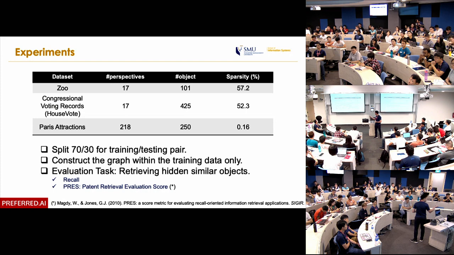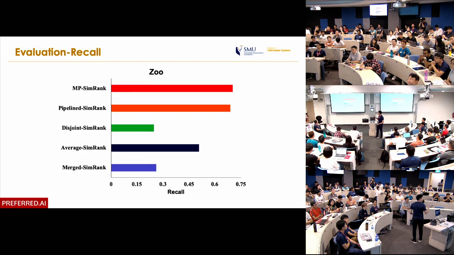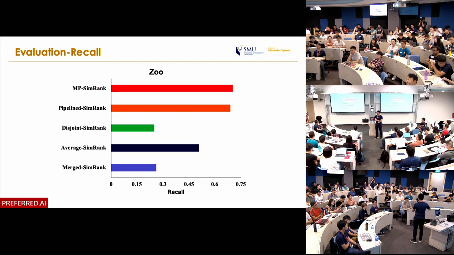Another metric is to estimate how well the model can rank the hidden object among all the available objects. For these two scores, the higher the value, the better the performance. So I'm just going to show the performance of all the models for one dataset. This is the recall value, and the two models in the hot colors show better performance in recalling the hidden objects based on the similarity that they learn from the training data.